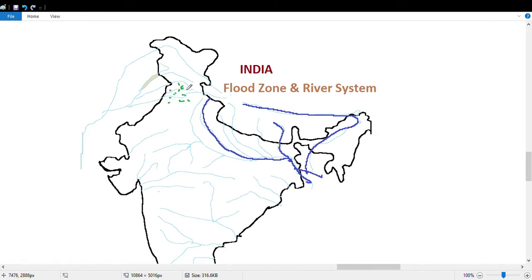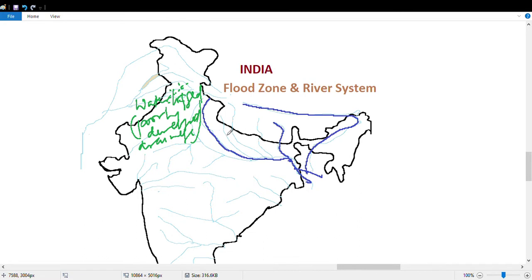These are usually waterlogged, not flooded, due to a poorly developed river system or drainage system. Though 5 rivers are there, the drainage system here is underdeveloped.